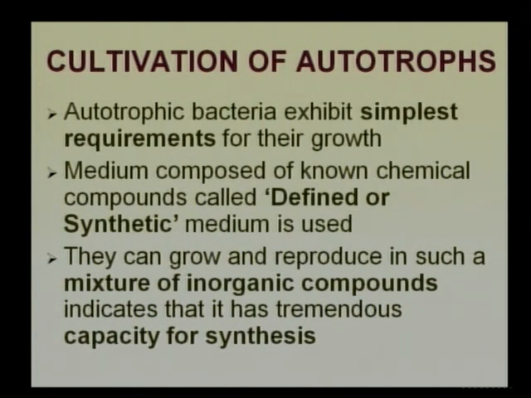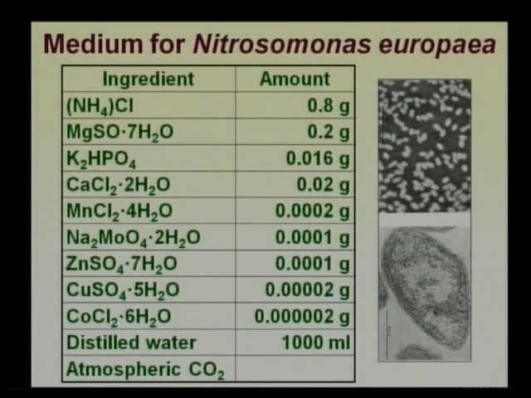Autotrophic bacteria can be cultivated in the simplest medium, which we call a defined medium or synthetic medium. The requirement is very simple. A mixture of inorganic salts is supplied, and they have a tremendous capacity for synthesis because they can fix atmospheric nitrogen. Here the medium is shown for the growth of Nitrosomonas europaea.